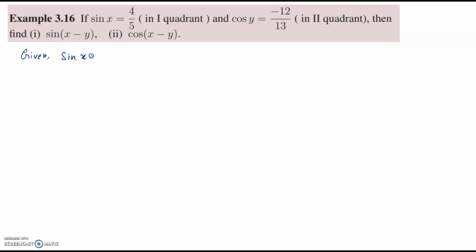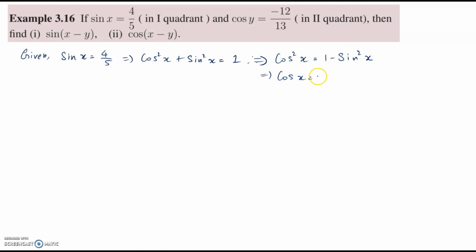So since we are given sin x is equal to 4 by 5, we can say cos squared x plus sin squared x is equal to 1, which implies that cos squared x is equal to 1 minus sin squared x. Or we can say cos x is equal to plus or minus root of 1 minus sin squared x, where sin x is 4 by 5.